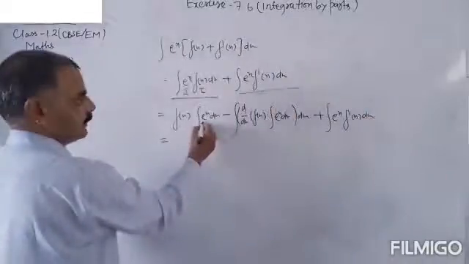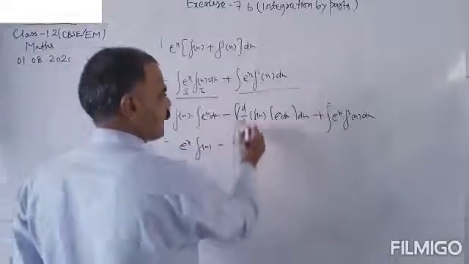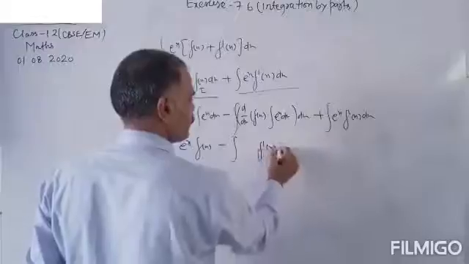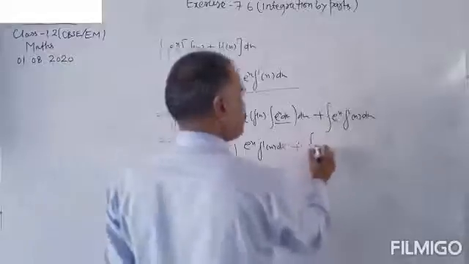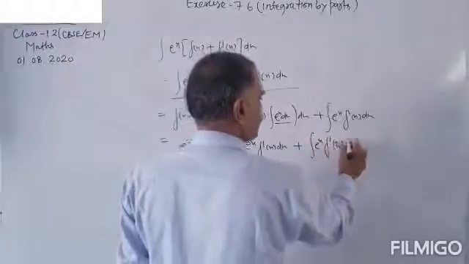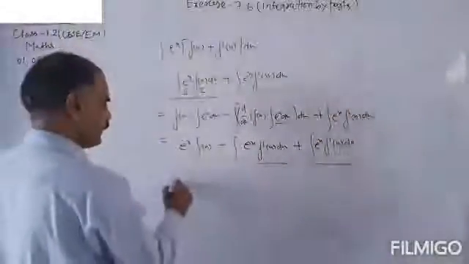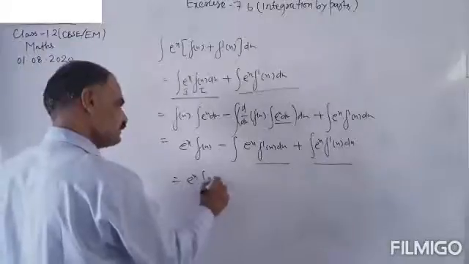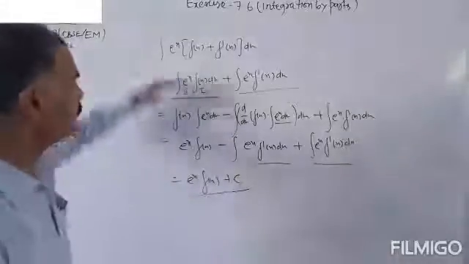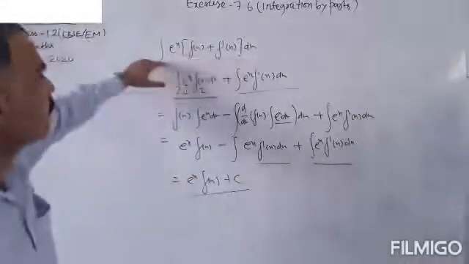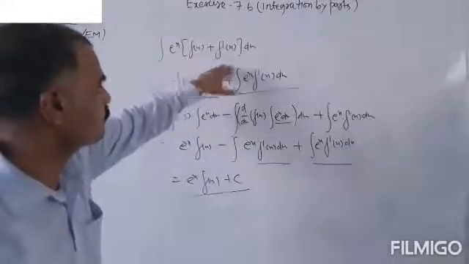Now this is equal to e to the power x function x minus differentiation of function x, which is function dash x, integration of e to the power x, which is e to the power x, plus e to the power x function dash x dx. So this will cancel this. So finally the function left is the answer: e to the power x function x plus c is the answer of this type of integration, that is e to the power x times function x plus function dash x dx.